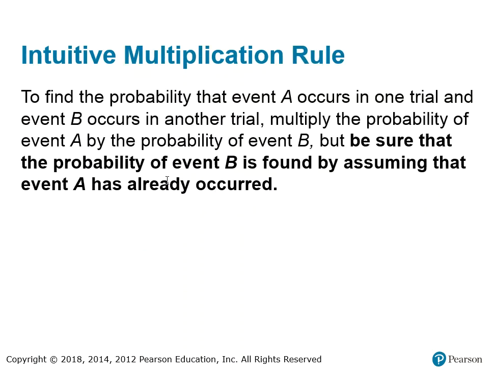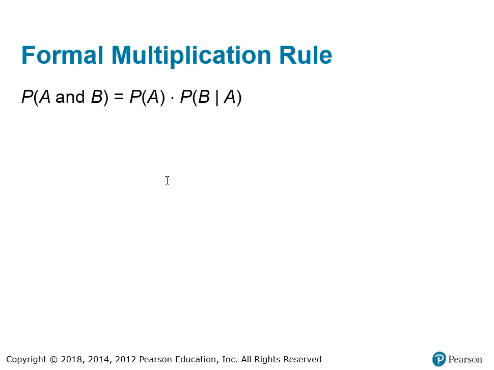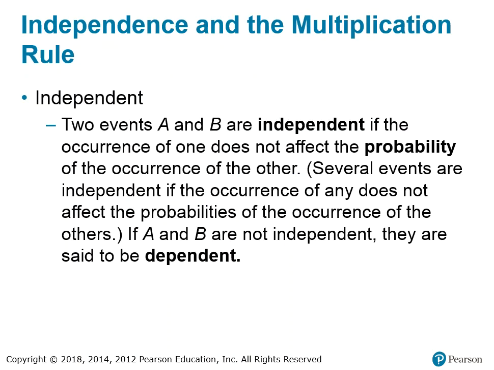We can do it intuitively, or we can do it with a formula. Events are independent or dependent depending on whether they are affecting each other. So if I have two events and the first event affects the second event, they are not independent, so they are dependent. If they have no effect on each other, then they are independent.